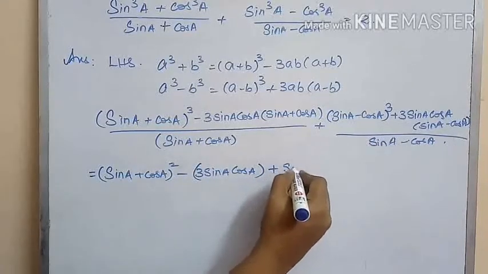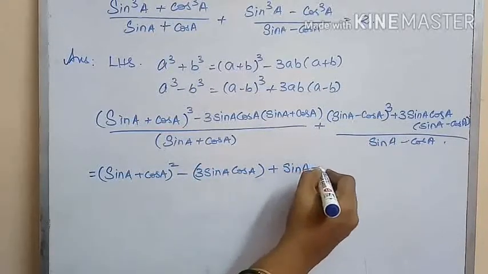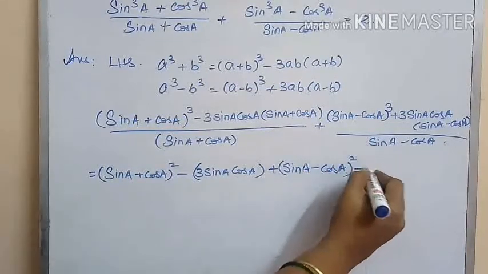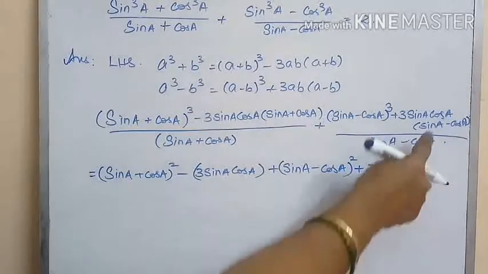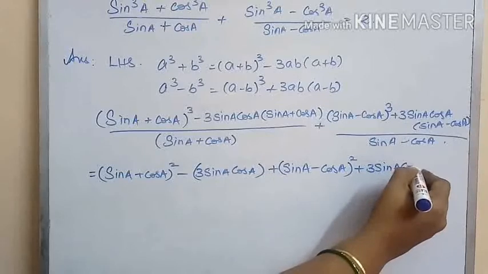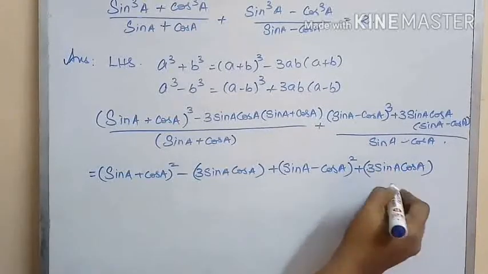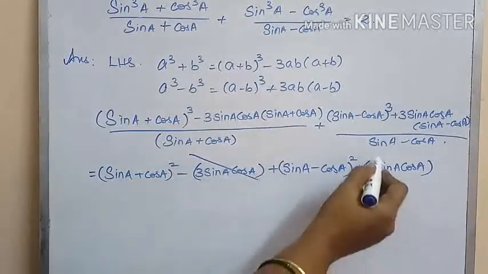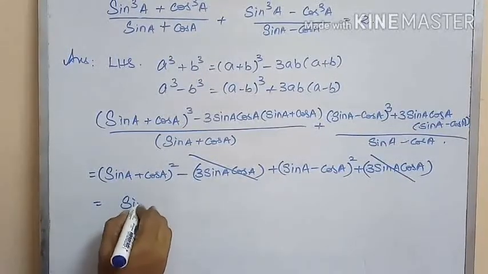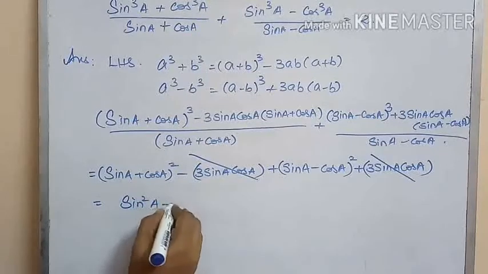Now in the second part we can cancel sin a minus cos a, which we have both in the numerator and denominator. So we get sin a minus cos a the whole square plus 3 sin a cos a. Now 3 sin a cos a gets cancelled. One is minus and the other is plus.